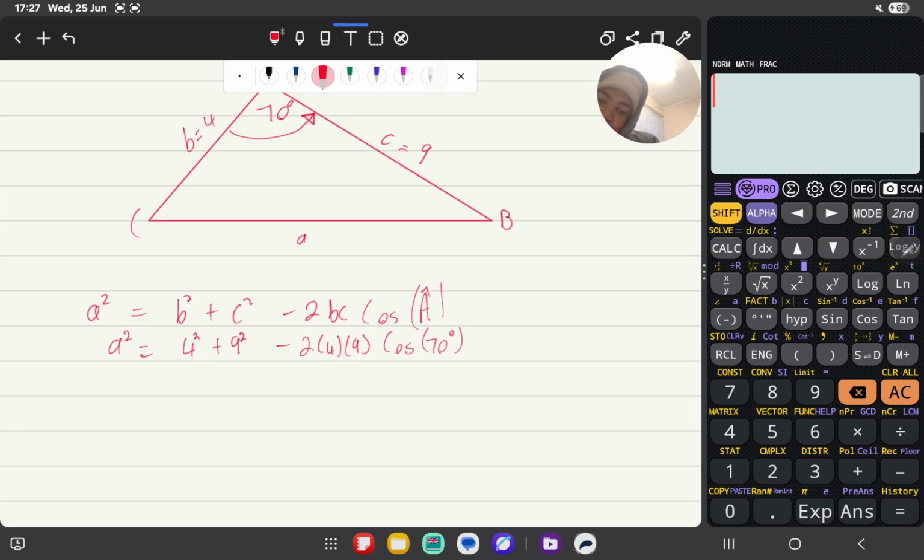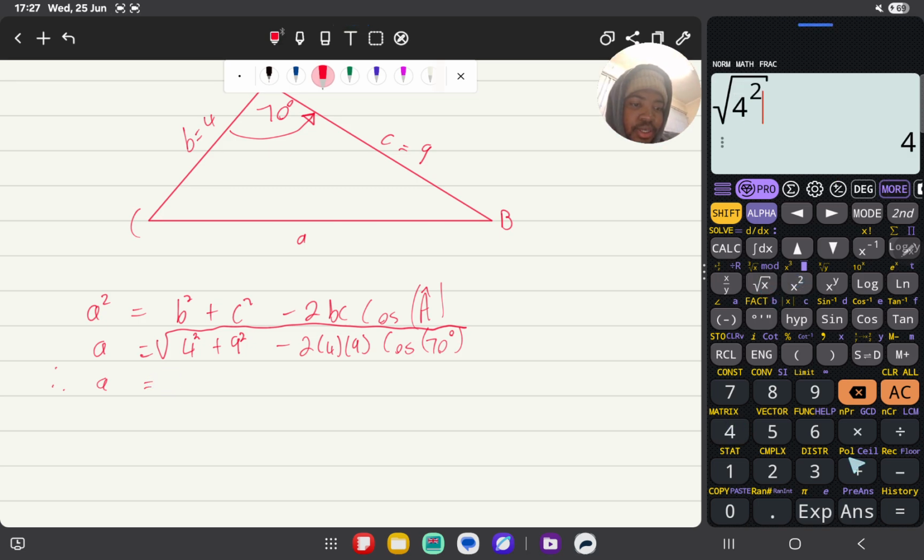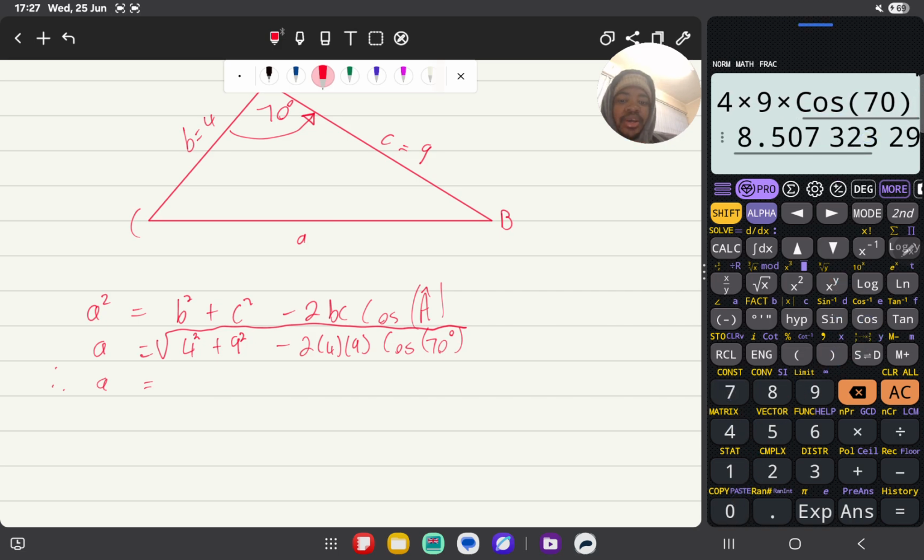Let me put a square root here. Therefore, a equals the square root of 4 squared plus 9 squared minus 2 times 4 times 9 times cos 70, and we are getting 8.51. That is a.